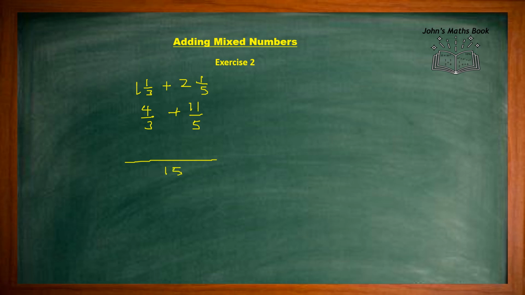As we know, we can work out the common denominator by multiplying the two denominators, but that won't necessarily give us the lowest one, but in this case it does. So now we work out the numerator. We have 3 into 15 goes 5 times, multiplied by 4, plus 5 into 15 goes 3 times, multiplied by 11.